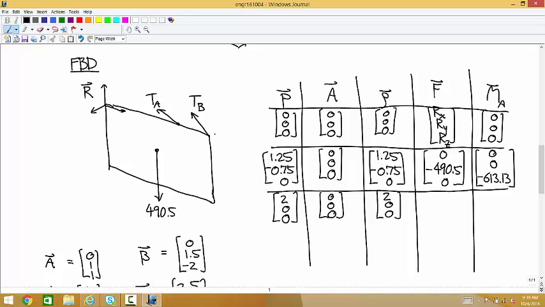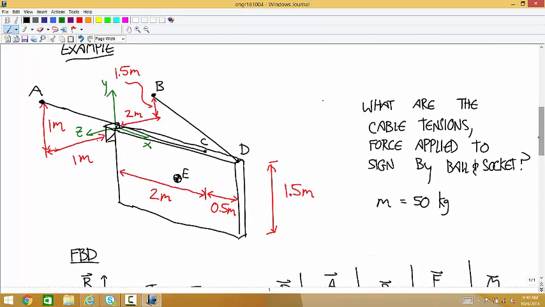And then there are two cables, and so those are forces with known directions. They're parallel to the cable, away from the chosen body. And let's see, we chose the origin to be at the same place as the about point at that ball and socket joint.